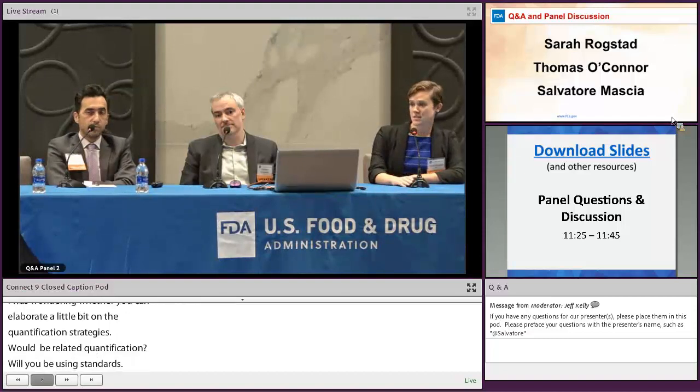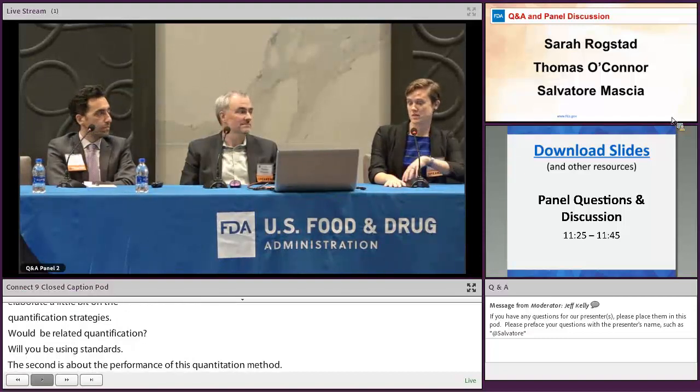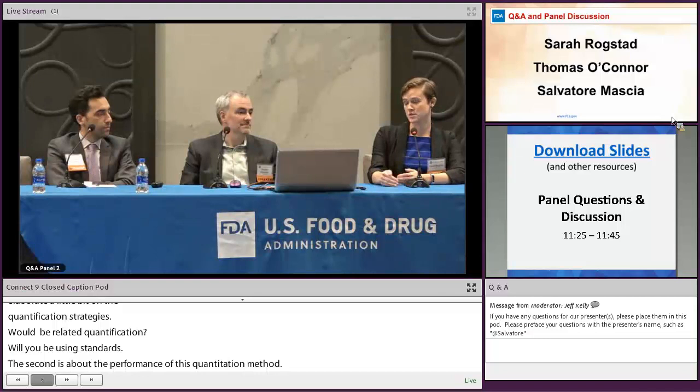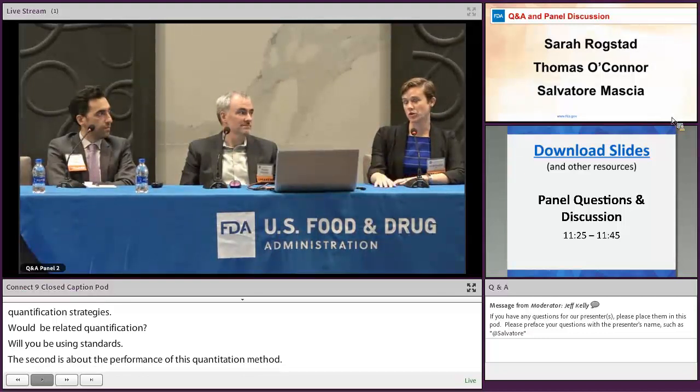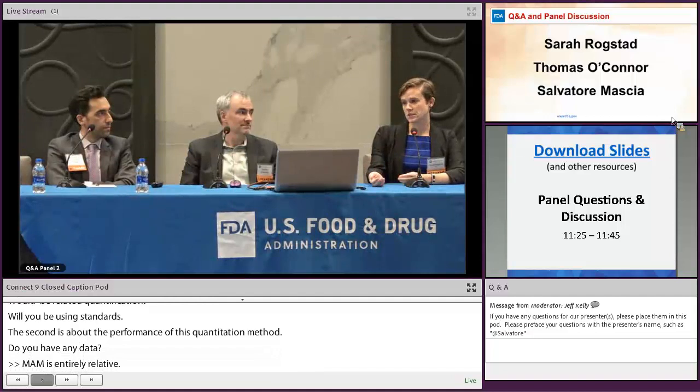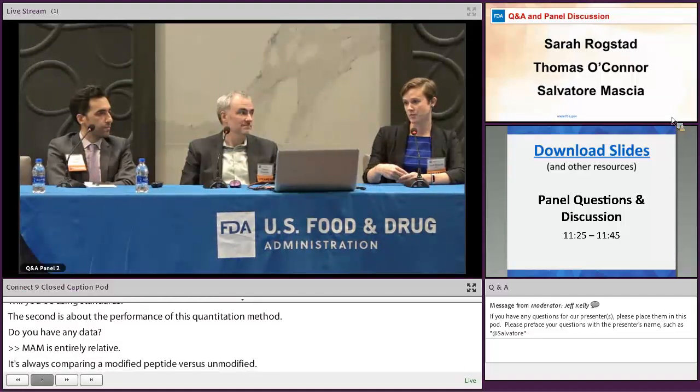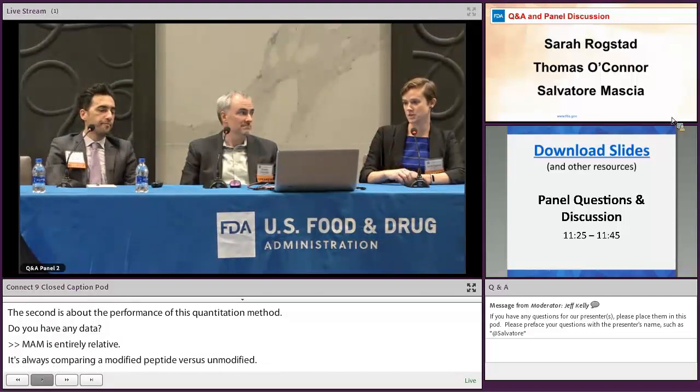So MAM is entirely relative. It is always comparing a modified peptide versus an unmodified, or actually the total. So for glycans, you'll look at all of the glycan species you're analyzing, and you'll look at a particular glycoform over the total glycan species for your quantitation, and it's relative.